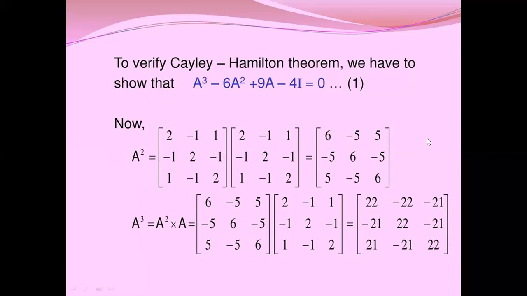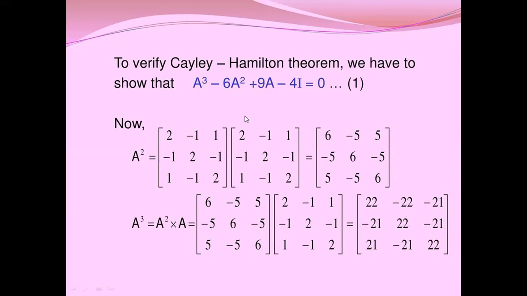This is the answer for A square. After finding A square, we multiply A square again by the A matrix. After multiplying, we get 22, -22, 21; -21, 22, -21; 21, -21, 22. This is what we get as A cube.